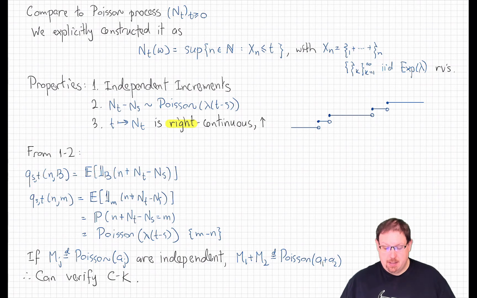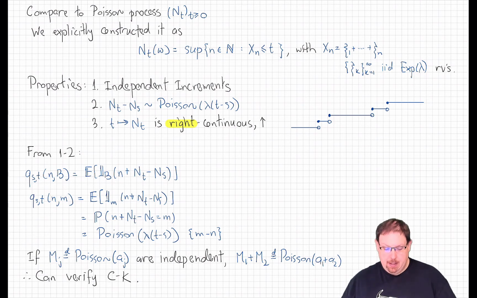And then for each positive real time t, Nt was defined to be the largest index n for which the partial sum Xn was less than or equal to t. We showed explicitly that that process has these properties. It had independent increments. The increments were distributed as Poisson random variables, with the mean being a multiple of t minus s, that multiple being lambda, the rate that we built in over here.